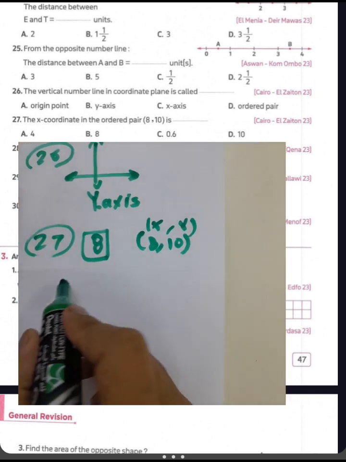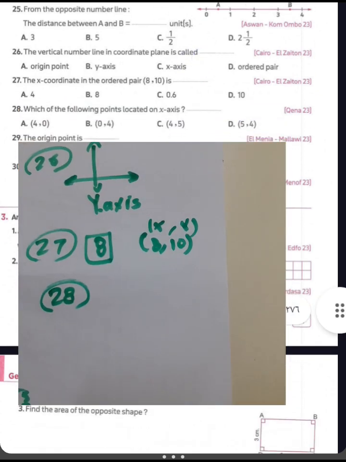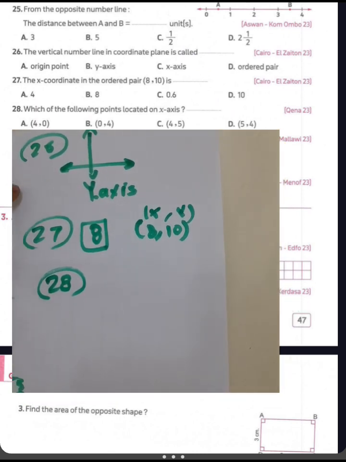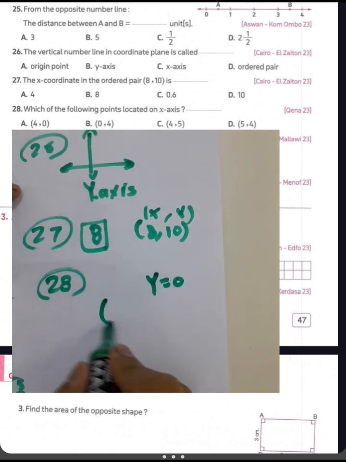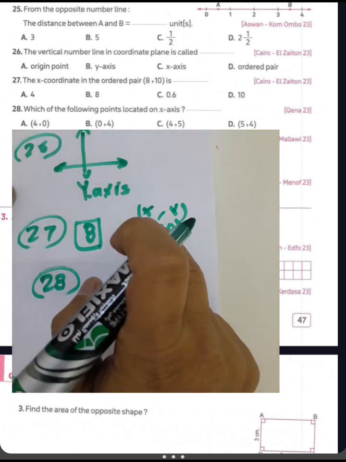Question 28. Which of the following points is located on the x-axis? Any point located on the x-axis means y equals 0. Then we must choose the ordered pair with y equal to 0, because any ordered pair is x and y.